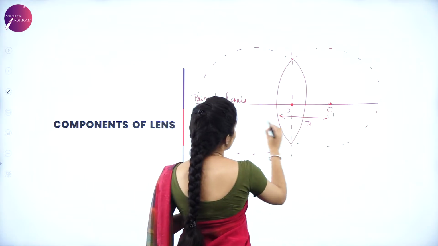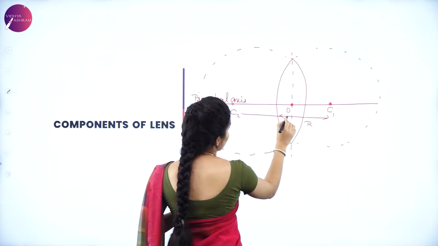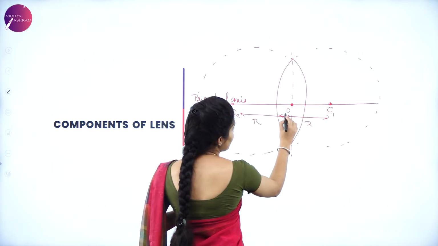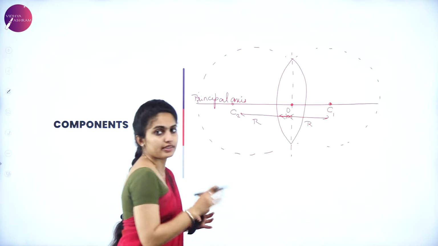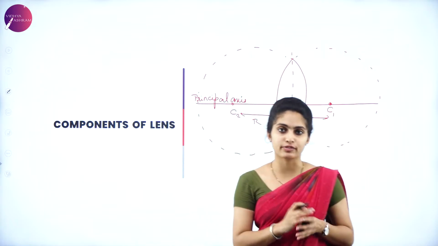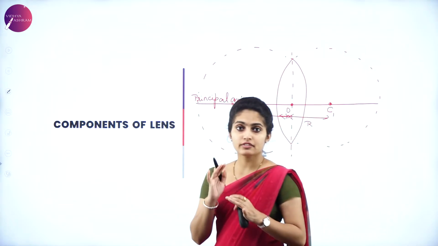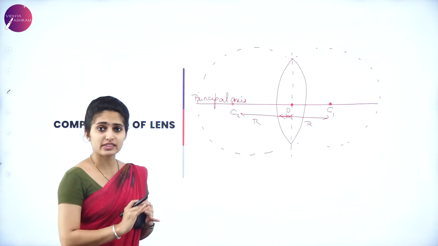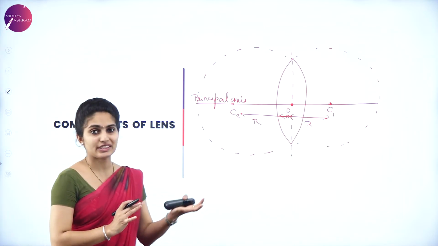Call this C1, call this C2, and this also will be the radius of curvature. That starts from the optic center. Everywhere we take the optic center as a reference point. Clear? So now we are done with principal axis, optic center, center of curvature, radius of curvature.